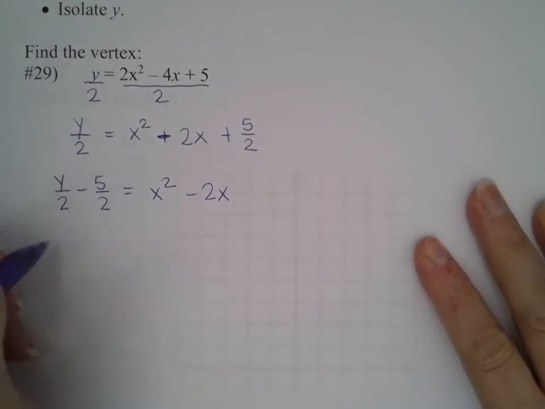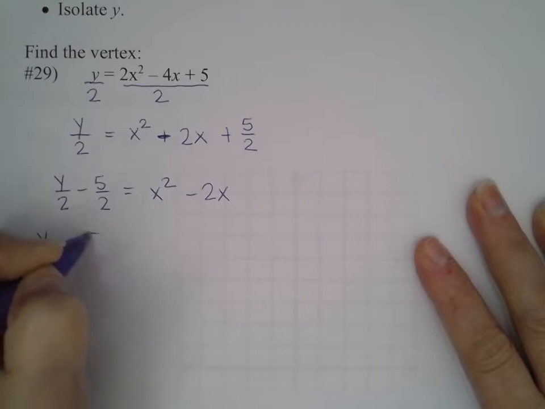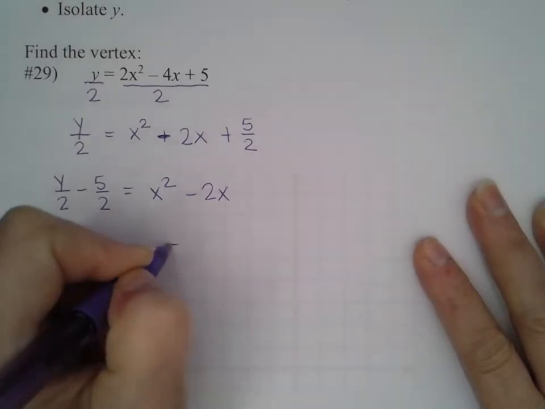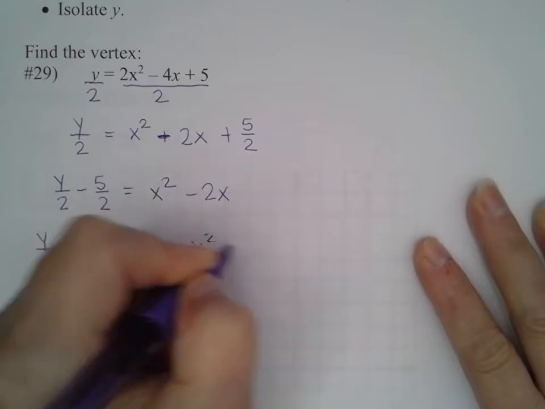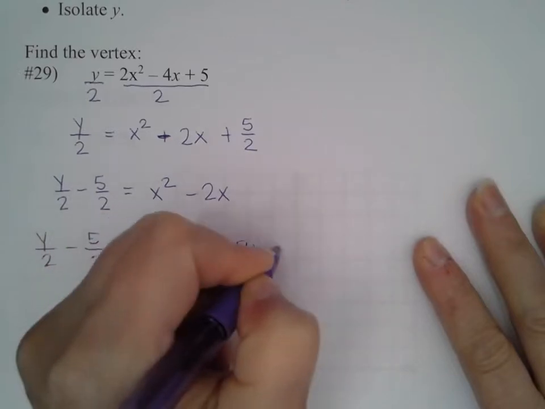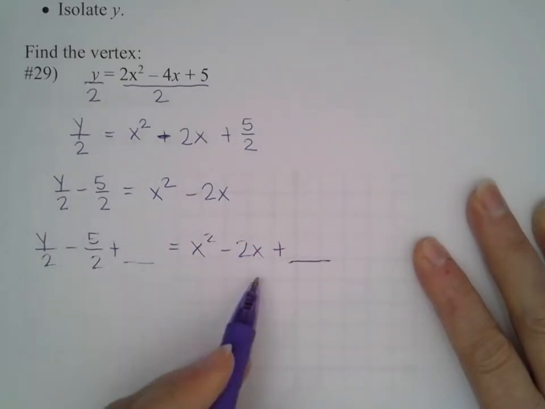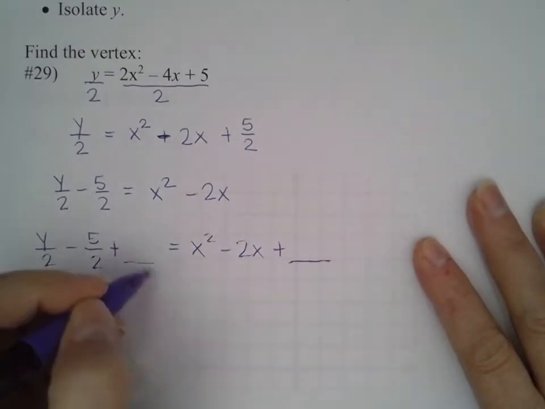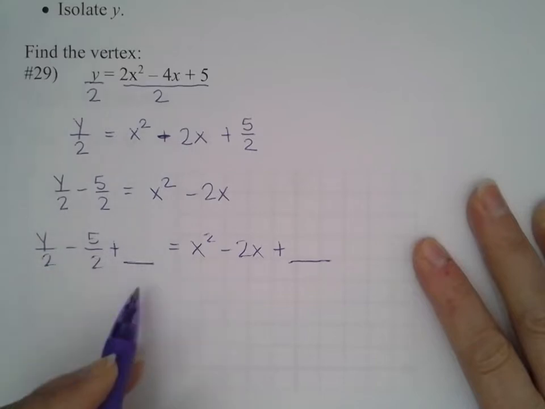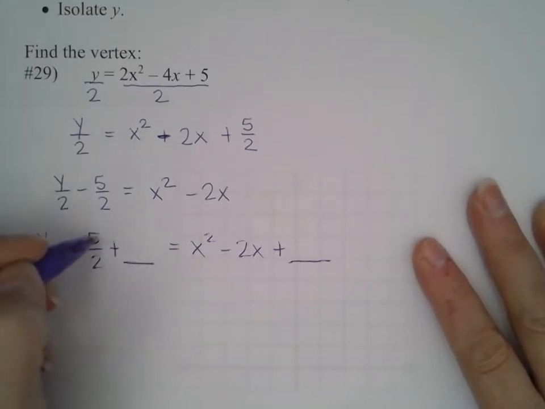But the next step is to add a number to both sides. I always like to draw in a little blank here because I am pretty forgetful, and we're focusing a lot on the right-hand side, but we don't want to forget to add that same number to the left-hand side to keep things equal.